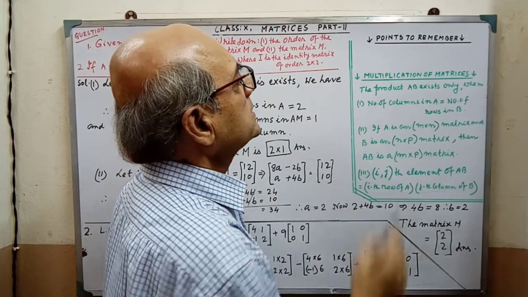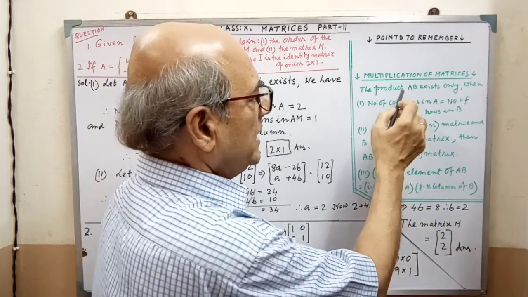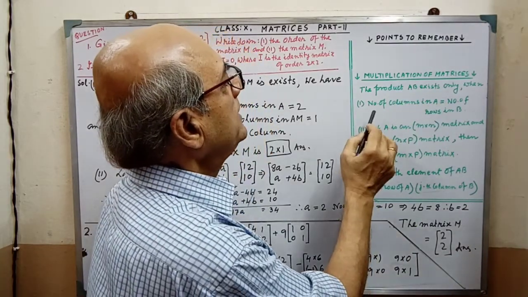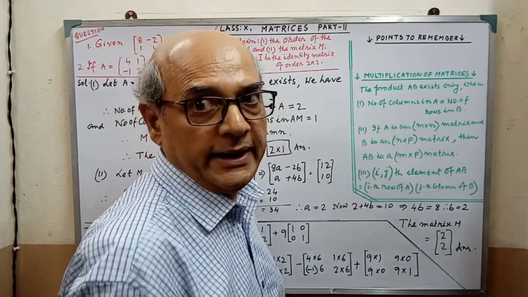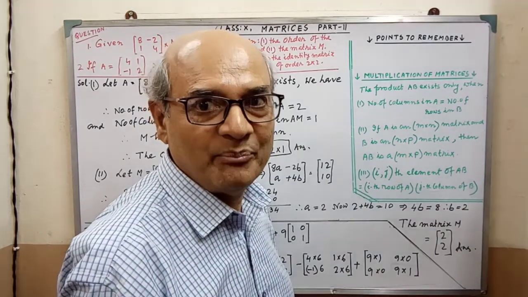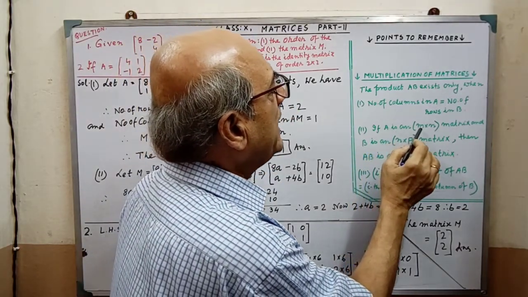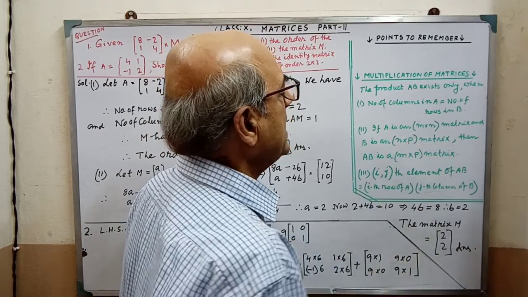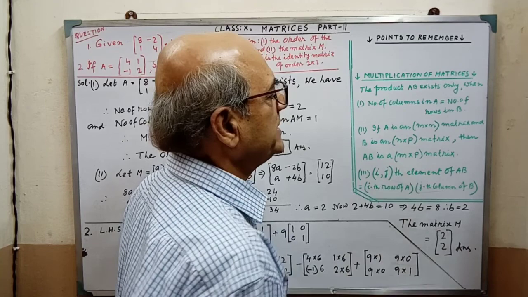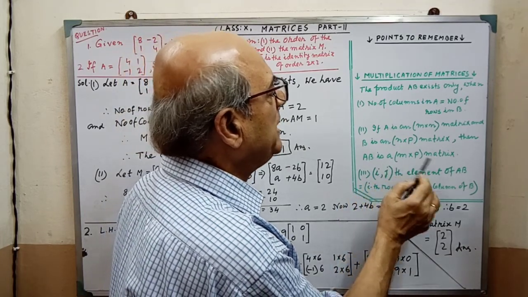The product, if A and B are two matrices, then product AB exists only when the number of columns in A is equal to the number of rows in B. Second, if A is an M by N matrix and B is an N by P matrix, then AB is an M by P matrix.